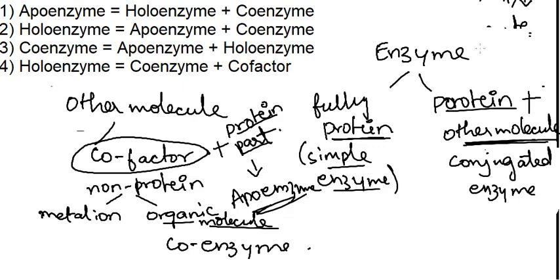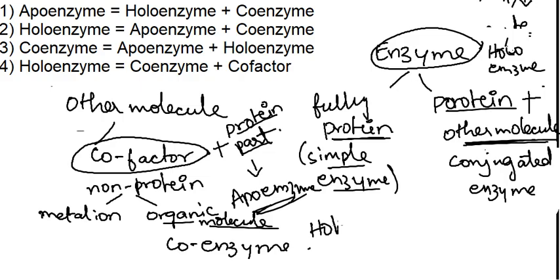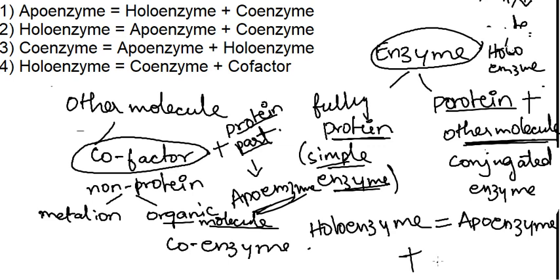And this whole enzyme is known as the holoenzyme. The holoenzyme can be made up of only protein, which we call a simple enzyme, or partially a protein part and a non-protein part. The protein part is known as the apoenzyme and the non-protein part is known as the cofactor or coenzyme. So this is the equation.